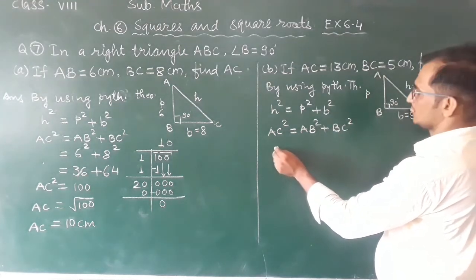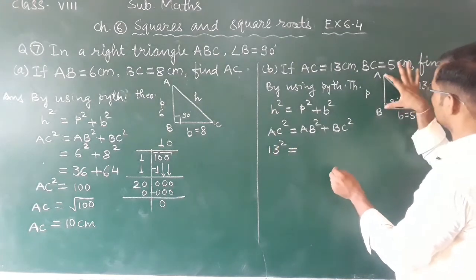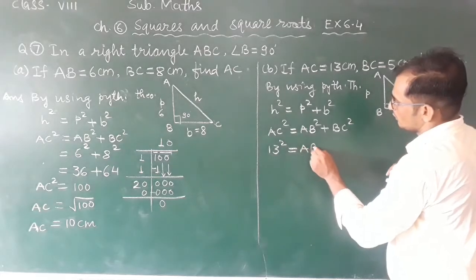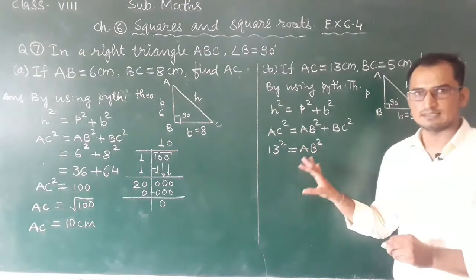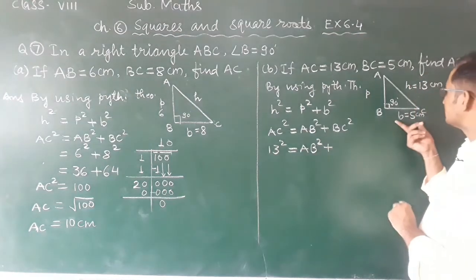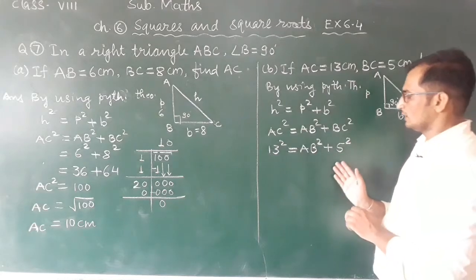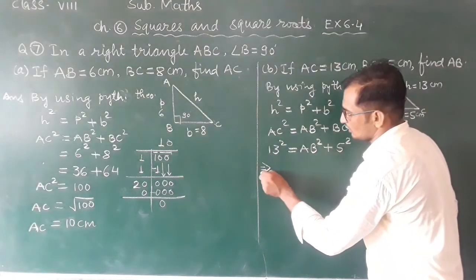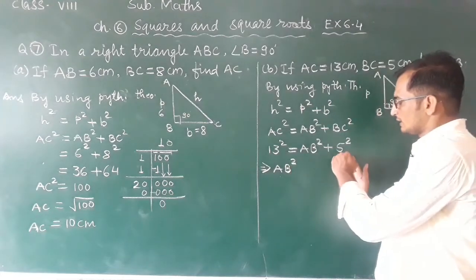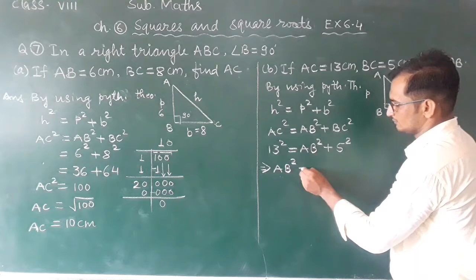AC square means 13 square is equal to AB square, we have to calculate the perpendicular, so we keep AB square as it is, plus BC square, the value of BC is 5, so 5 square. Now for finding AB square, we transfer 5 square to the left hand side.